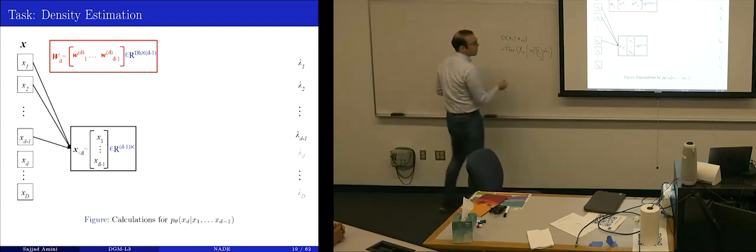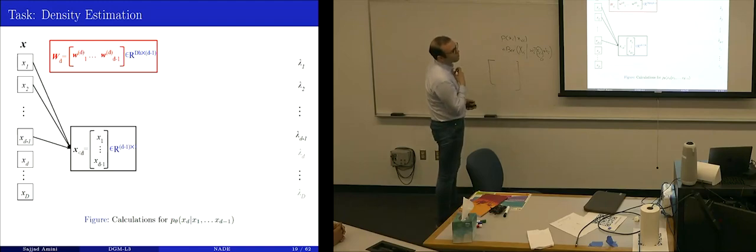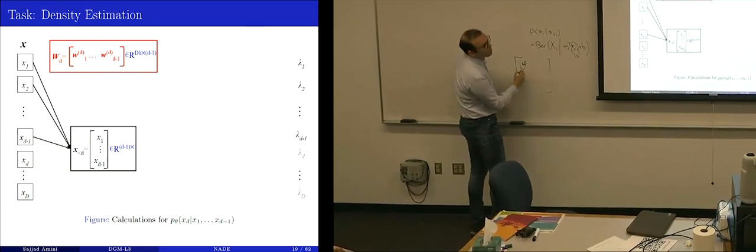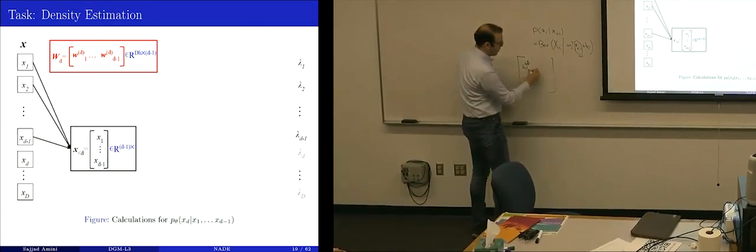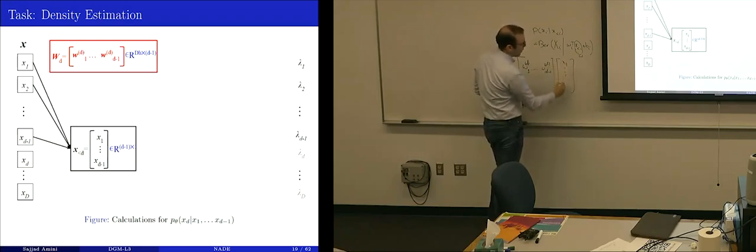In other words, if you are familiar with matrix vector multiplication, as I mentioned here, assume that this is your vector, this is your parameter matrix, and this is the vector that it should be multiplied with.